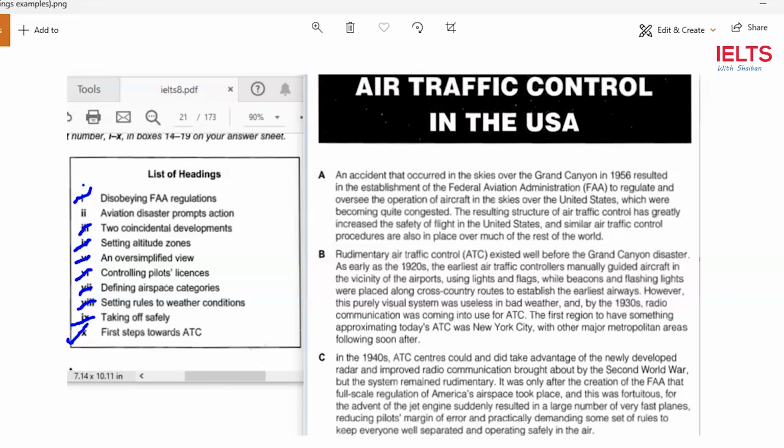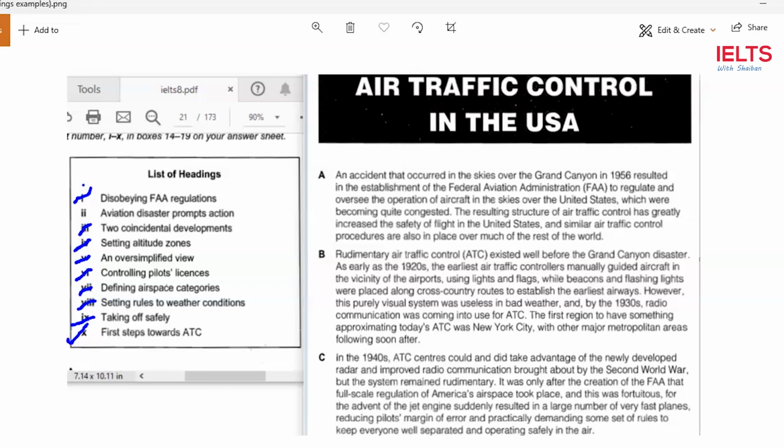Now, if you go to paragraph C, in the 1940s, ATC centers could and did take advantage of the newly developed radar and improved radio communication brought about by the Second World War.